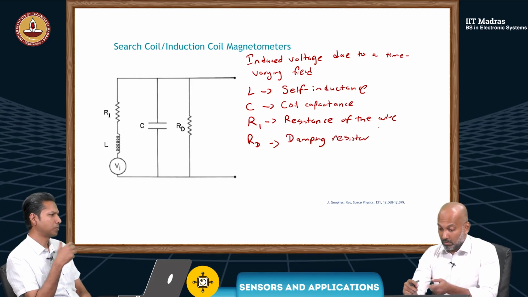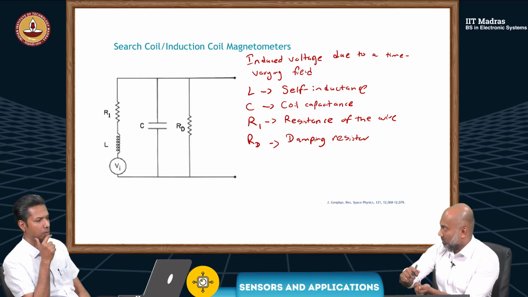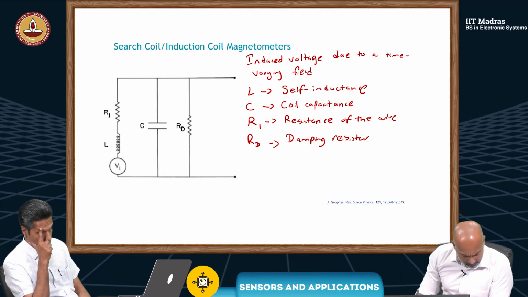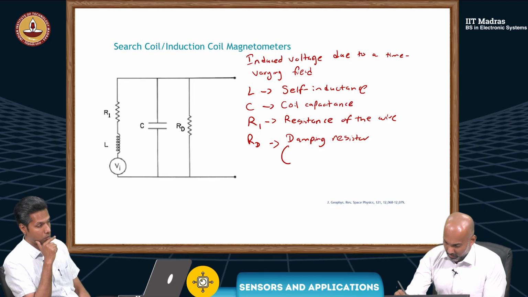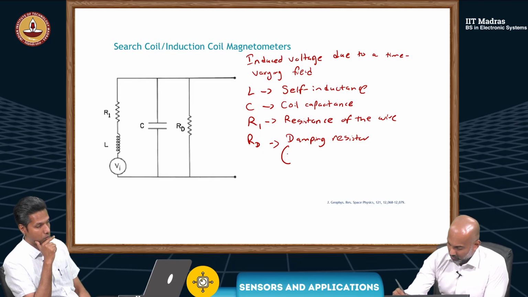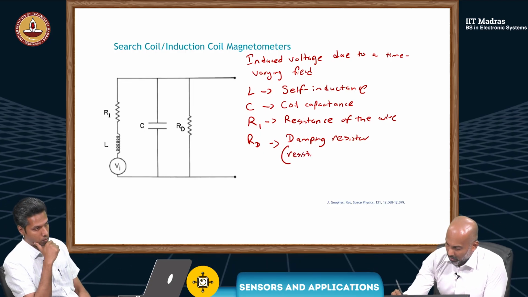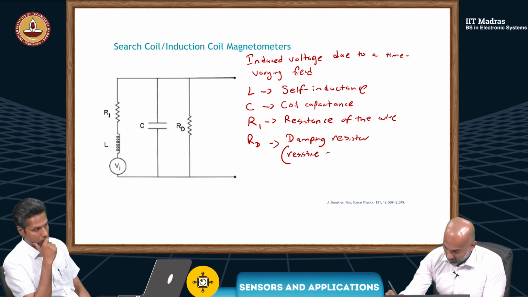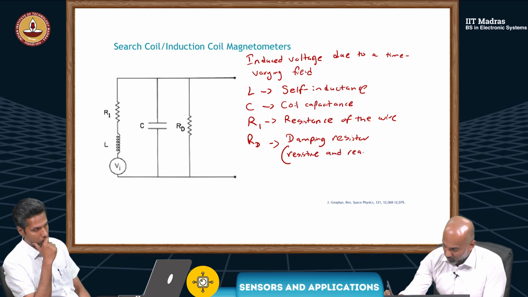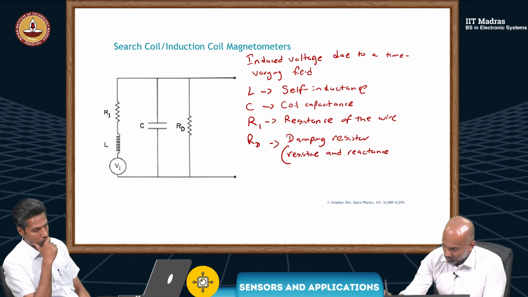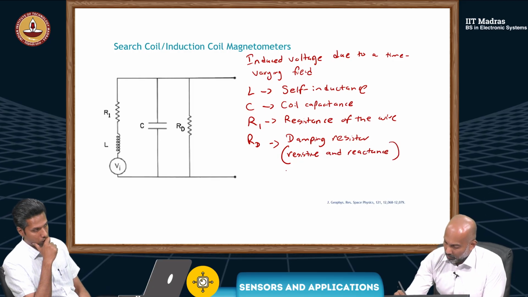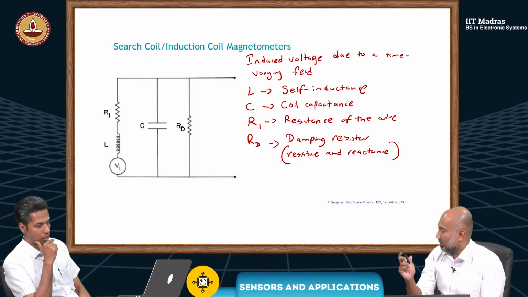Now we are still measuring, of course, the output, right? And that damping resistor, let's say, represents the resistive and the reactance components of the preamplifier. Let's say we have the preamplifier, for example.